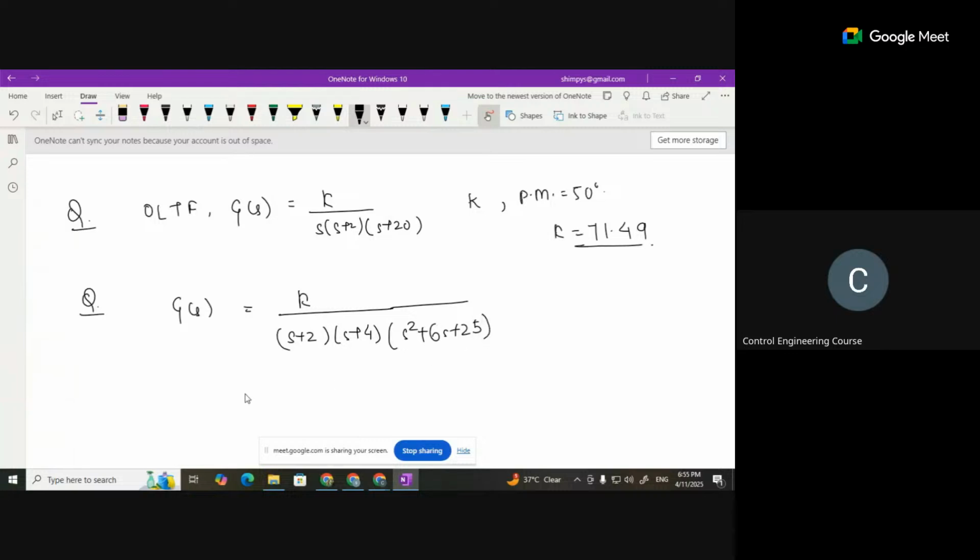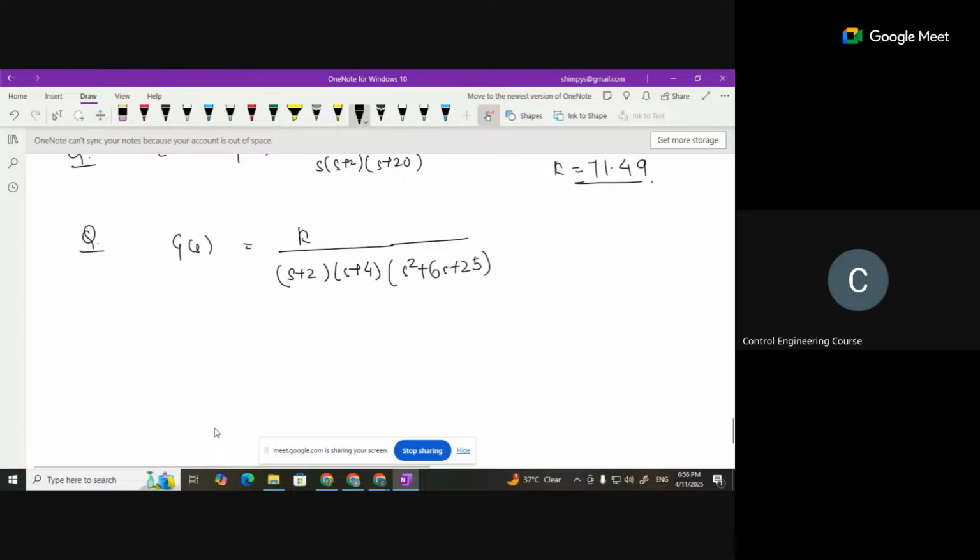Now you have to discuss the stability of this closed loop system as a function of K, right? And also you have to determine the value of K which will cause sustained oscillations in the closed loop system. Got my point?